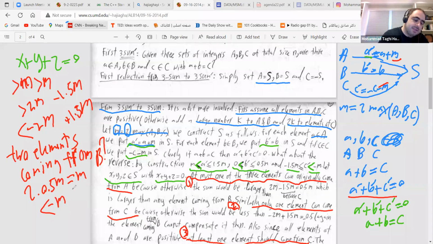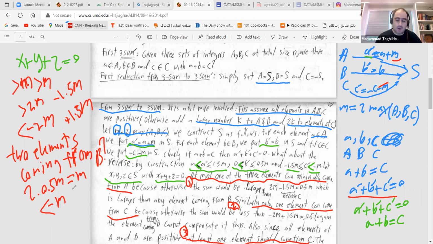So if we sum these, it would be negative, not 0. So it cannot be the case that the other two elements are from B, so at most one of them can be from B. That means exactly one element comes from A, one from B, and one from C. Good. That's the whole proof for this.